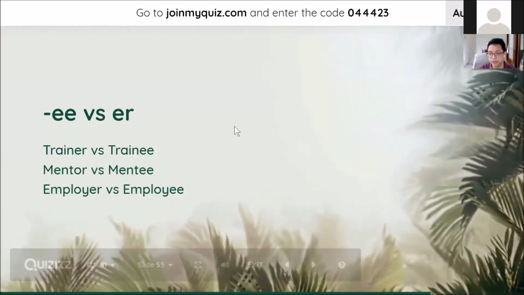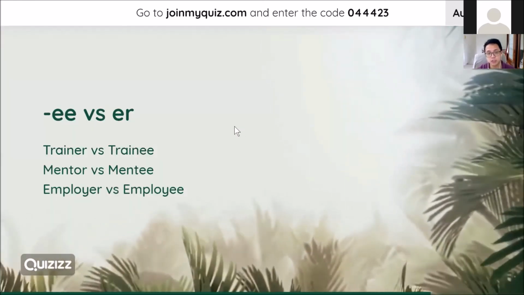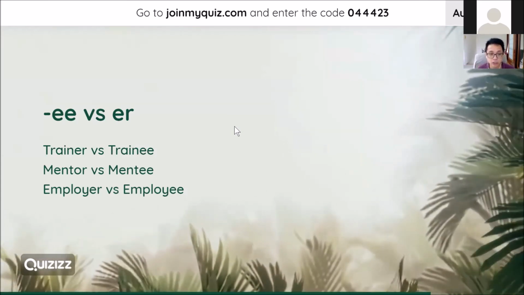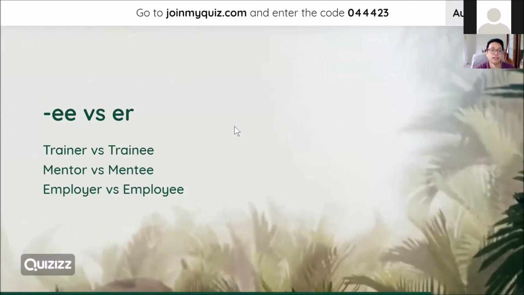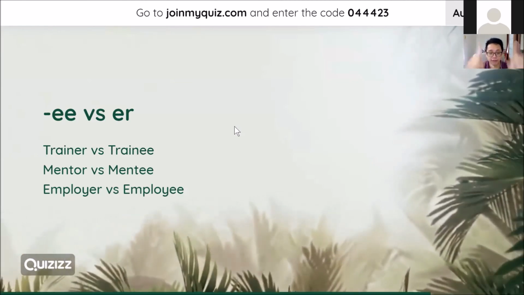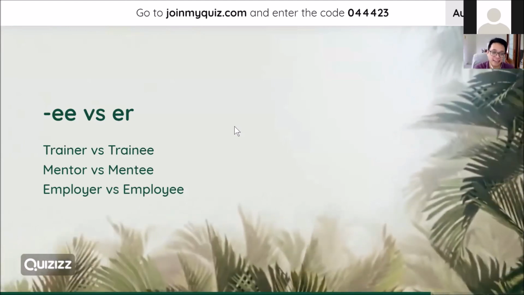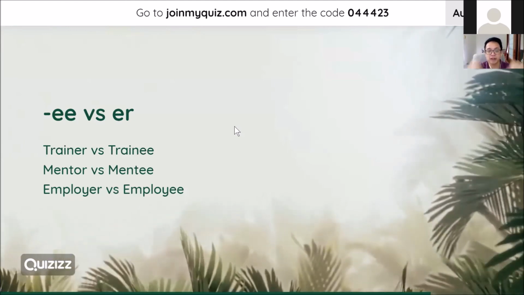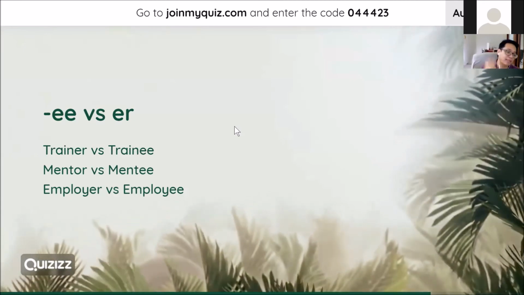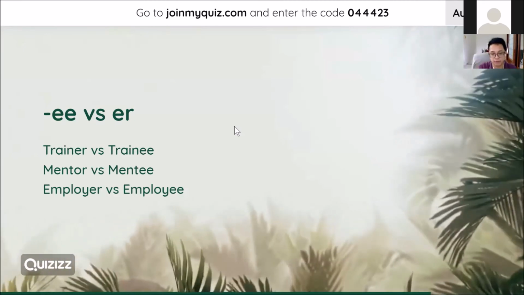Okay, so the difference between EE and ER is trainer, trainee, mentor, mentee, employer, employee. So trainer is the one that does the training, trainee 是被 train 的那个, trainer 是 train 人的那个, mentor 是 guide 人的那个, mentee 是被 guide 的那个, employer 是请人的那个, employee 是被请的那个. Okay, so EE is the passive one, ER is the active one.